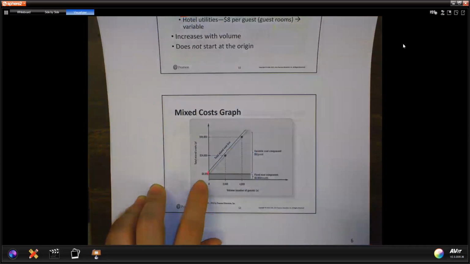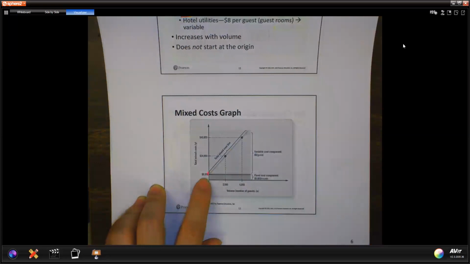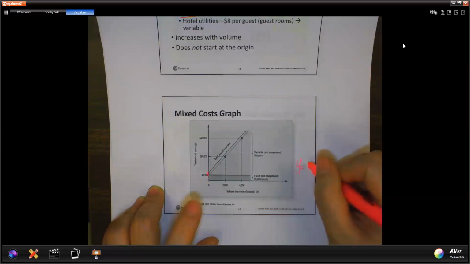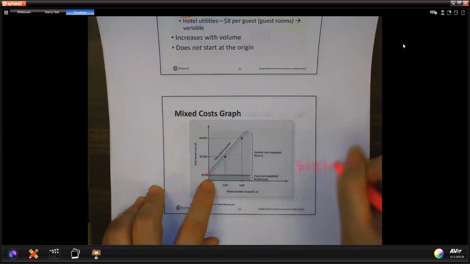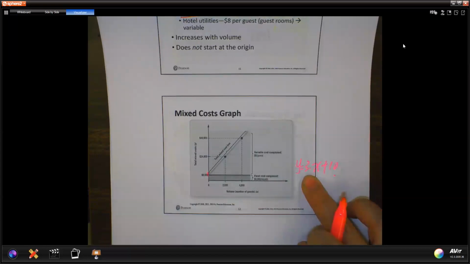Like for your utility, I believe most companies say, even if you don't use any, you still need to pay $10. I just make up a number as your fixed portion, and the higher usage you have, the more money you have to pay. So that is y equals 3 times x plus $10. This is the fixed cost. This is the variable cost.